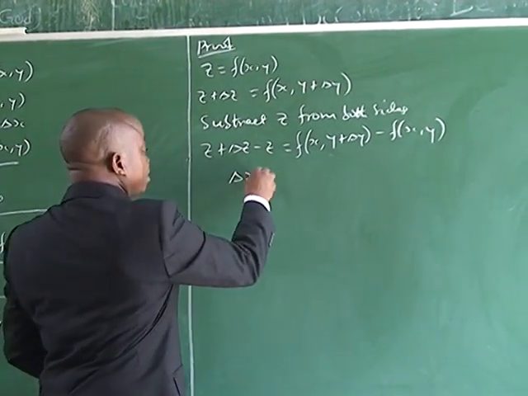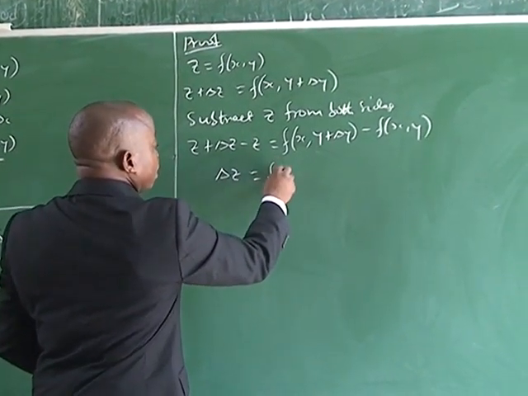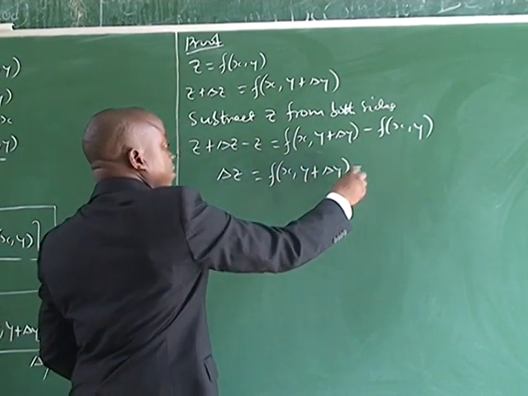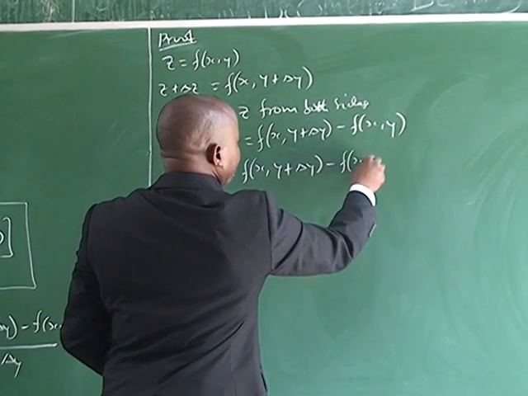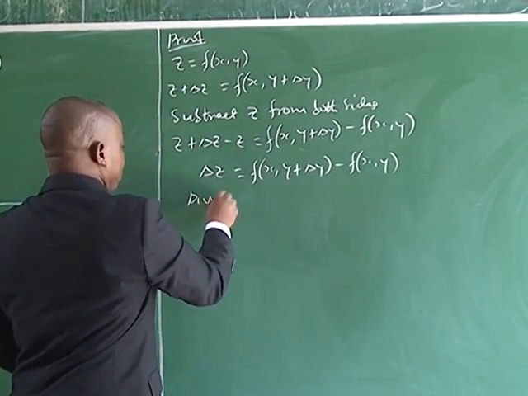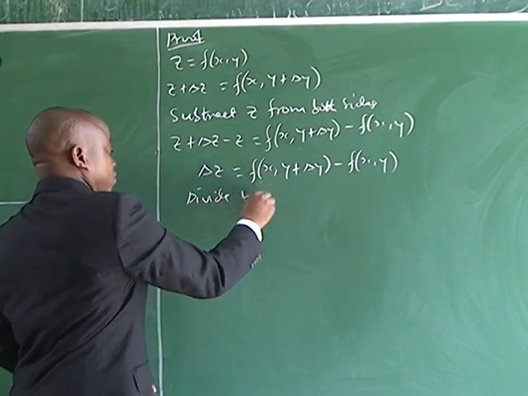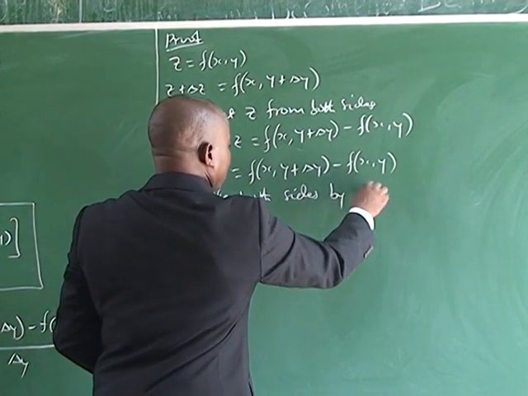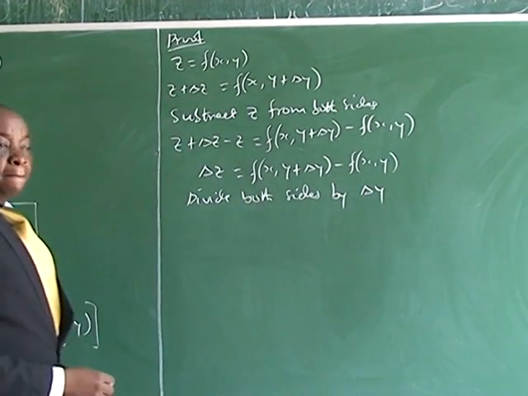So we have change in z will be equal to f of x, y plus change in y minus f of x, y, and divide both sides by change in y.